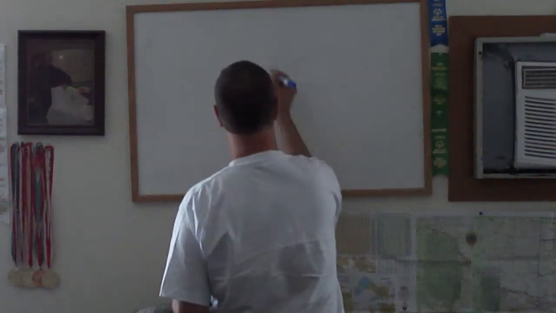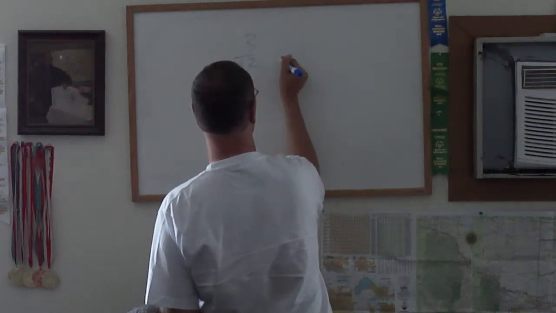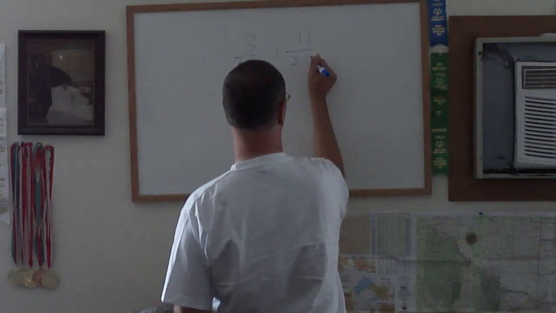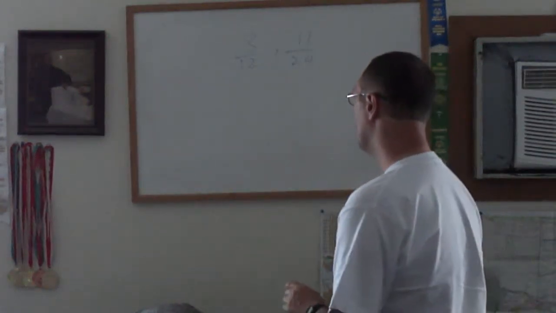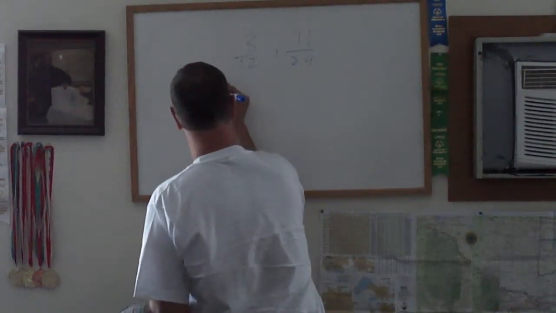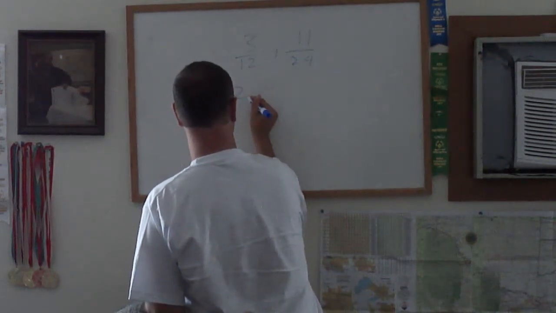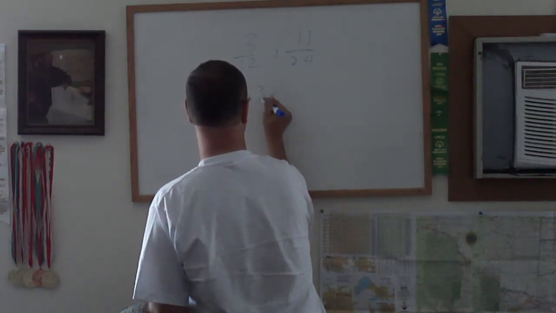Now, if I were to say 3/12, comma 11/24, denominator. 1, 2, 3.